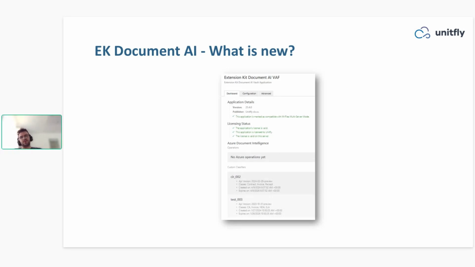But we are working on a VAF Extension Kit-like system that will maybe extract metadata for all of your invoices in the background, and maybe classify all of your newly created documents, stuff like that. That is all coming in the next month or two.